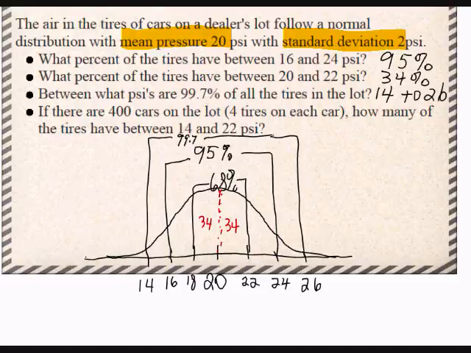Can you tell me how to figure out how much would go in this little section here? He said he took half of 95, so half of 95 is 47 and a half.